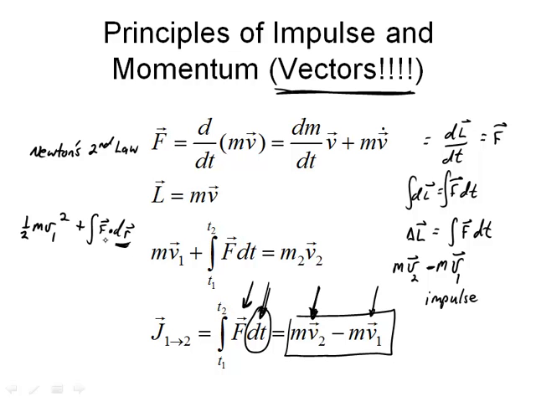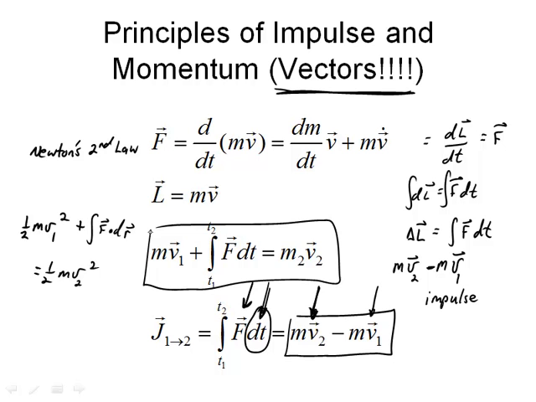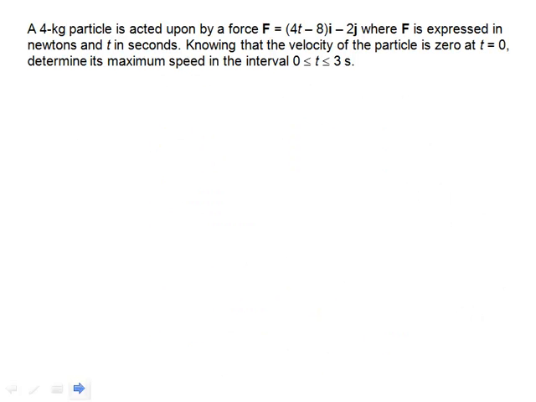It's also a vector dot product, which means in the end it's a scalar quantity. That's going to equal 1/2 mass times a second speed squared. So work and energy yields scalar quantities, but impulse and momentum yields vector quantities. Very important distinction. So let's take a look at an example.